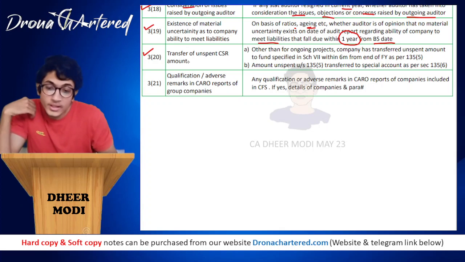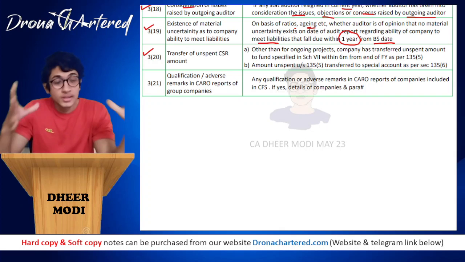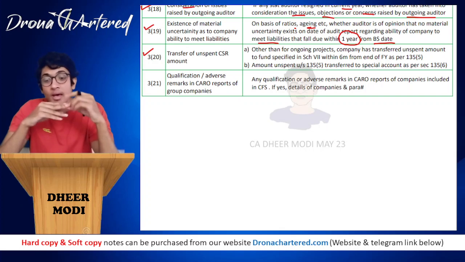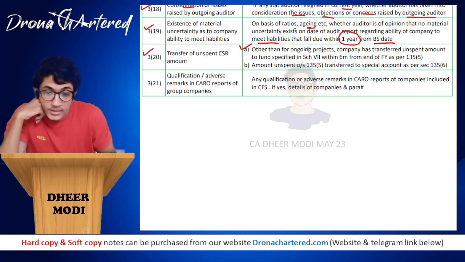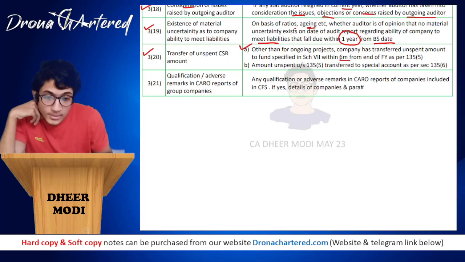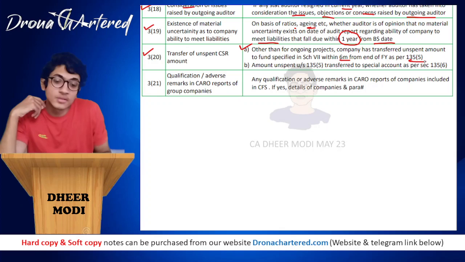Your clause number 20 talks about transfer of unspent CSR amount. So your CSR amount that you keep aside, if you have not spent it, that is your unspent CSR amount. So other than for an ongoing project, whether the company has transferred the unspent amount to a fund specified under Schedule 7 within 6 months from the end of the financial year as per section 135(5).